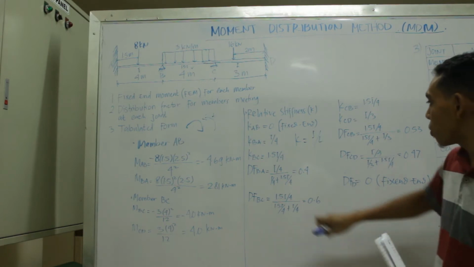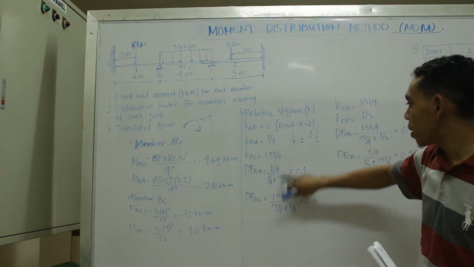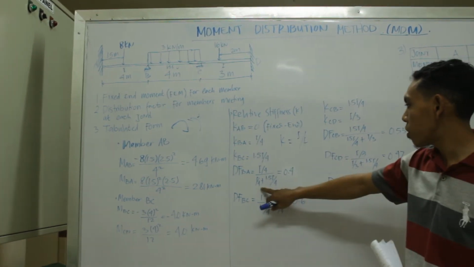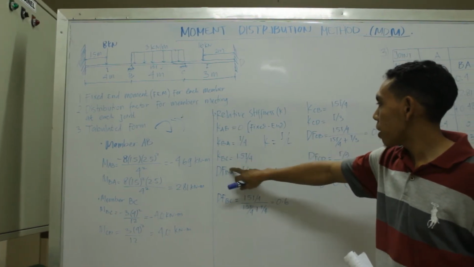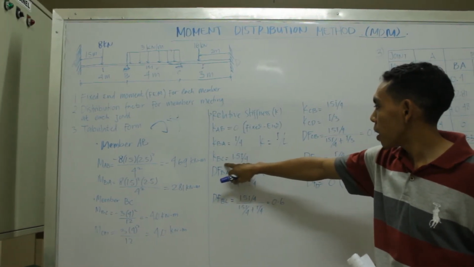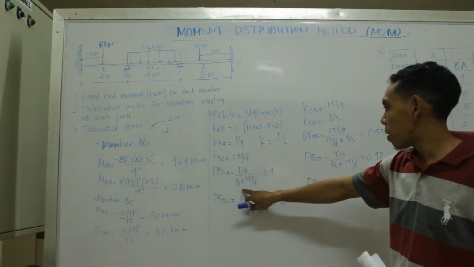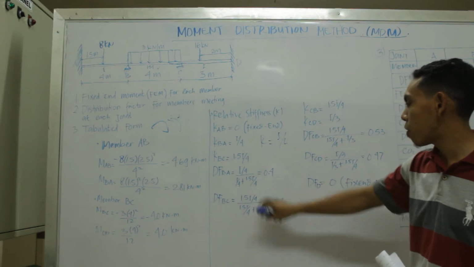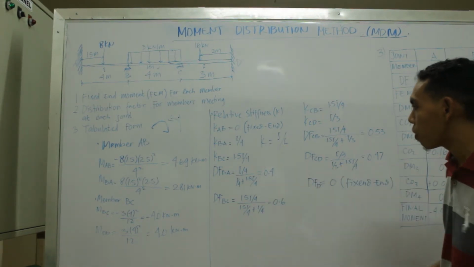So we can now solve for the distribution factor for member BA. It is simply equal to the relative stiffness of BA over the summation of the relative stiffness of BA and the relative stiffness of BC. So we have I over 4 over I over 4 plus 1.5 I over 4, and the distribution factor for member BA is equal to 0.4.